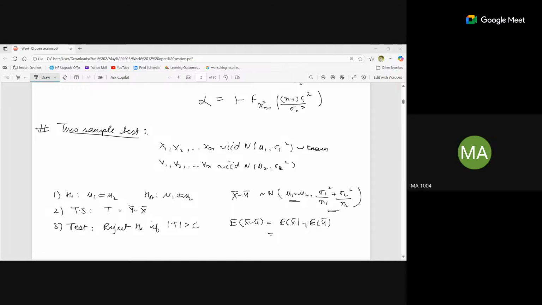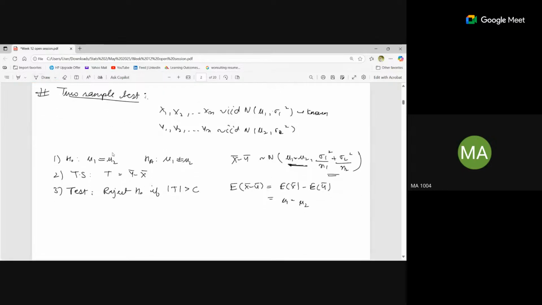It is mu1. So this is mu1 minus the expectation of y bar, which is mu2. So my expectation of x bar minus y bar is mu1 minus mu2. Got the point? How we got this?